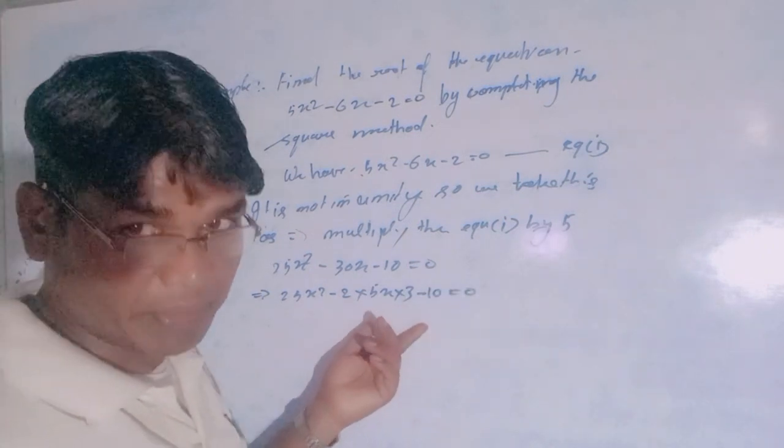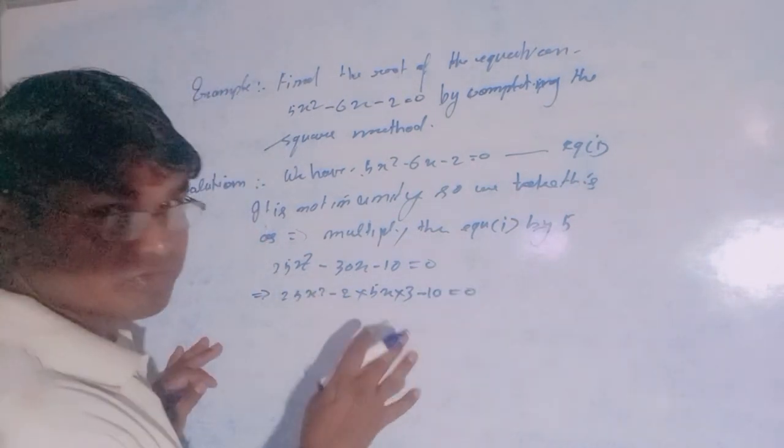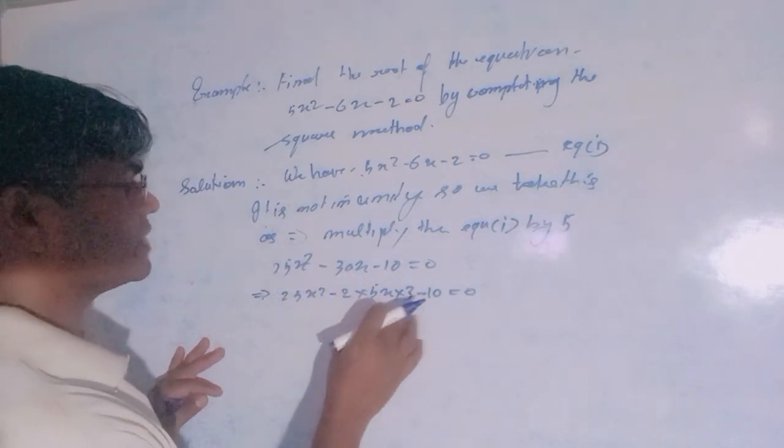We can write this by factorization. Here the factor of the 30 is 2 into 5x into 3.